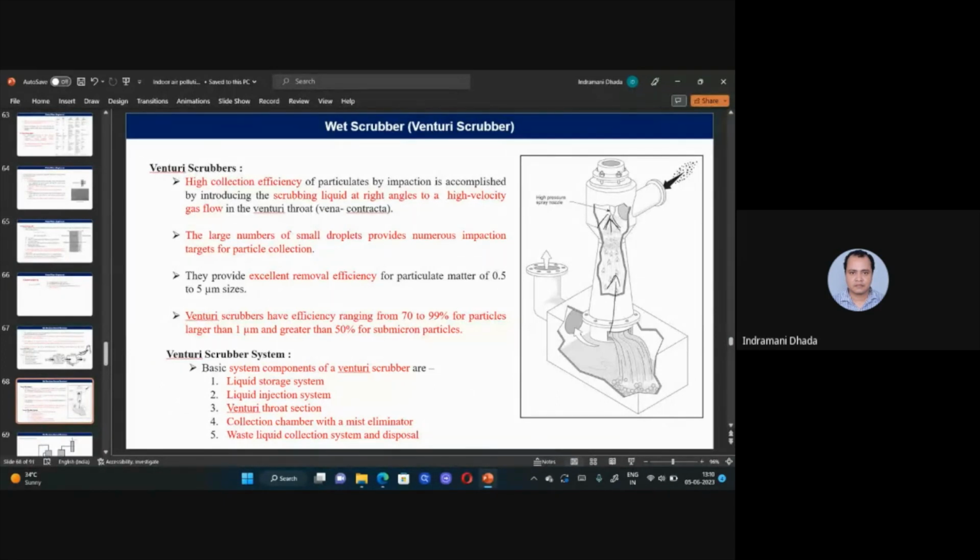So many mechanisms are there, but at last, at the bottom with the liquid, the particles are removed, and also the gases which can react with those liquids can form some precipitation, like slag-like things or some slurry-like things, that can be removed at the bottom. Clean gas can be removed at the top. This is the mechanism of the scrubber.